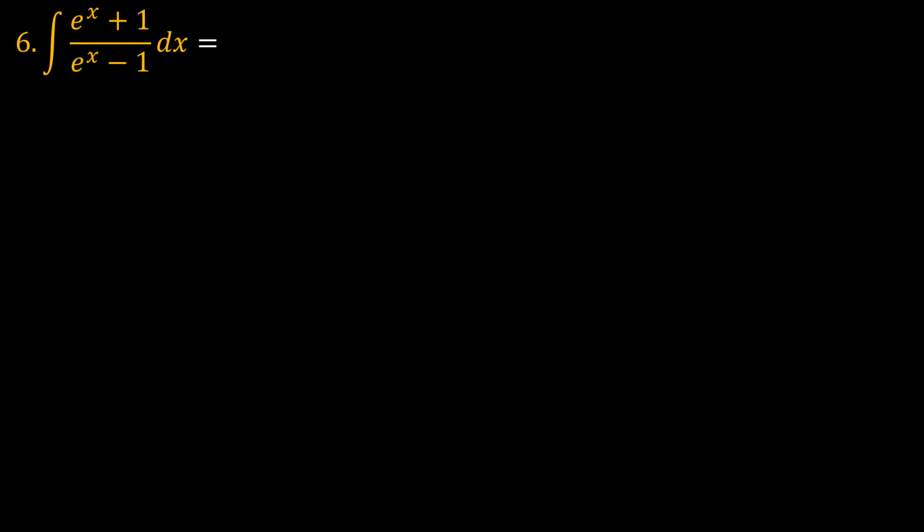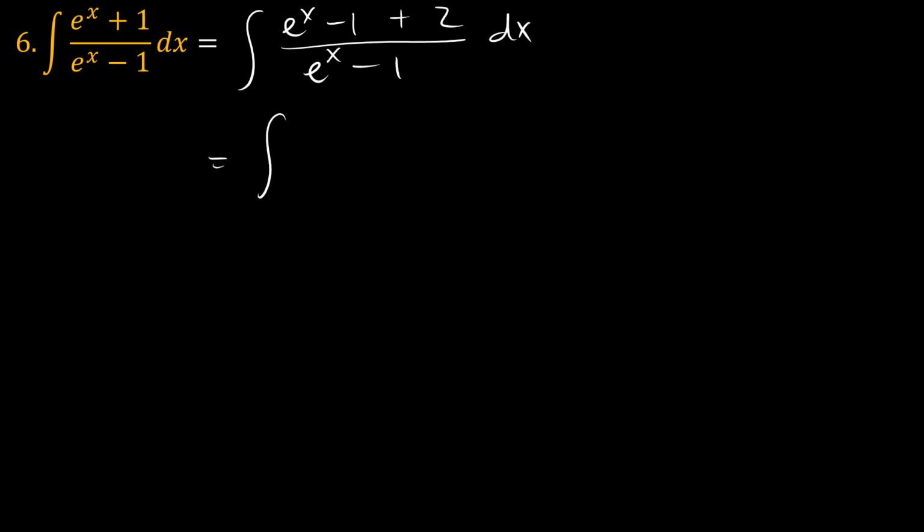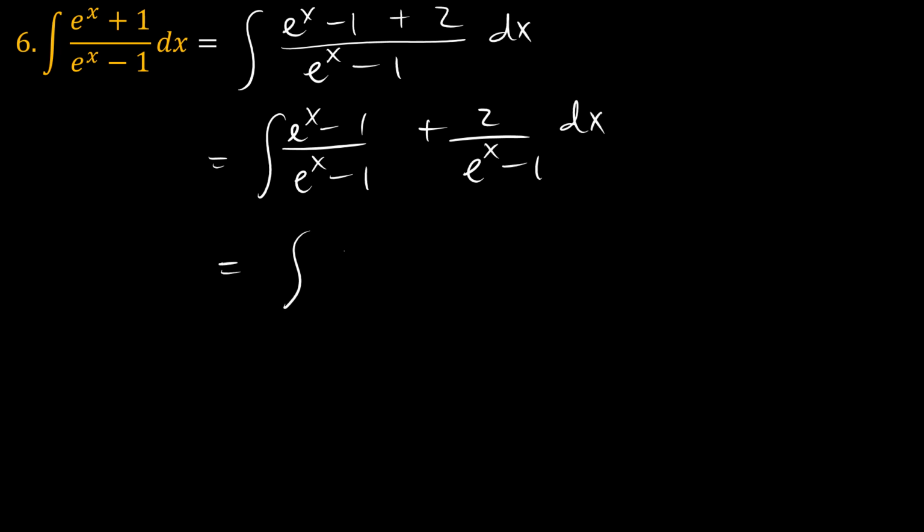One thing we could do is say the numerator is the same as e to the x minus 1 plus 2, over e to the x minus 1, which is the same as e to the x minus 1 over e to the x minus 1 plus 2 over e to the x minus 1, which is 1 plus 2 over e to the x minus 1.